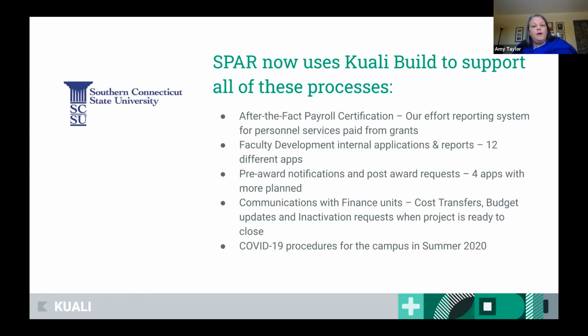We have about 4 apps that we use for pre-award notifications and some post-award requests and processes where we're communicating with our faculty, where they're either sending us notifications that they intend to submit, notifying us about something going on within their grant, or saying they want to hire somebody. So there are a variety of different communication tools that we've developed for that.